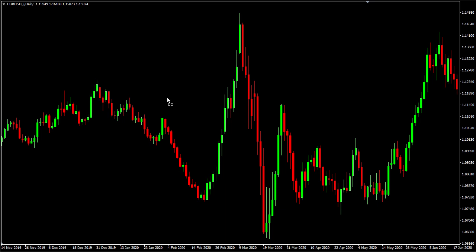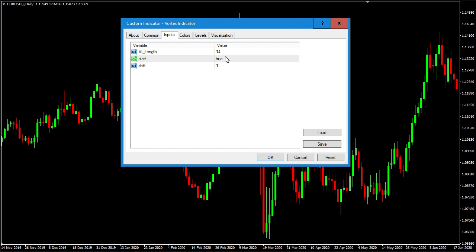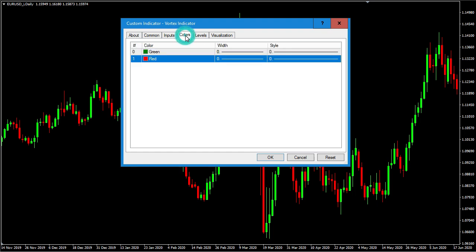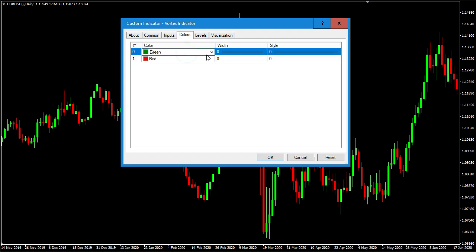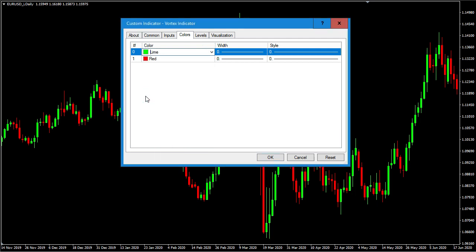Now this is a daily chart of Euro US dollar. By default it has the value of 14. You need to change it to 8. Then this color dark green, change it to lime so it's easily visible, and the width should be a little bit thicker than what it is.